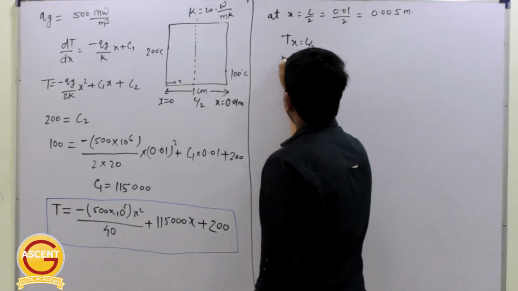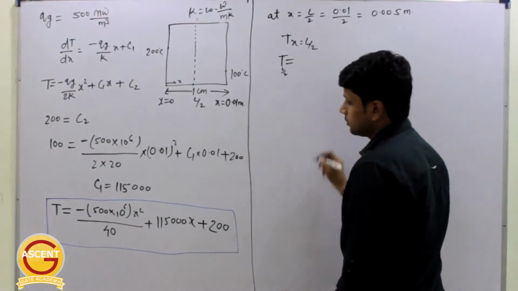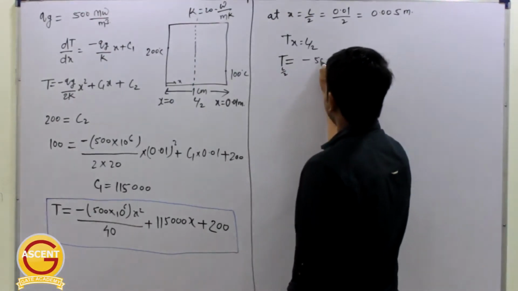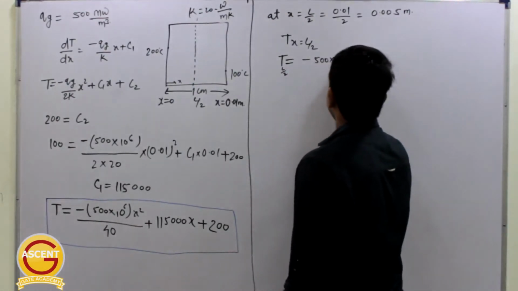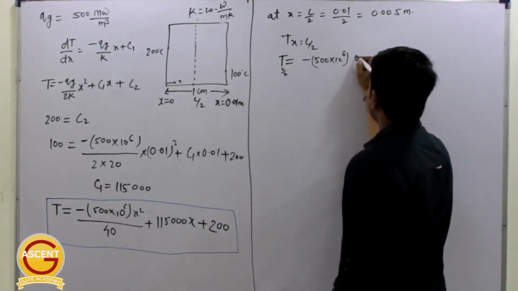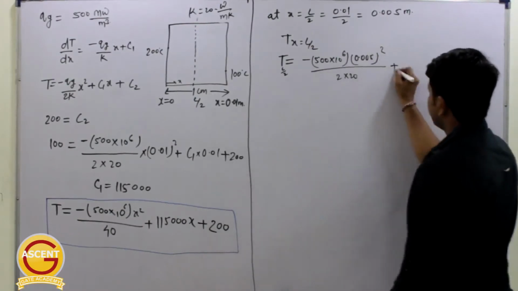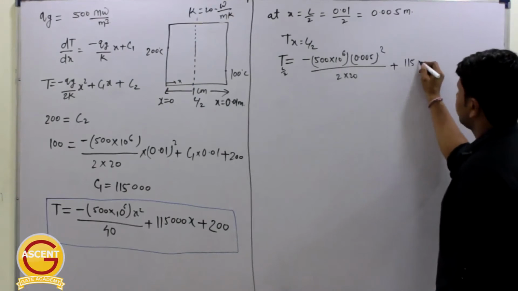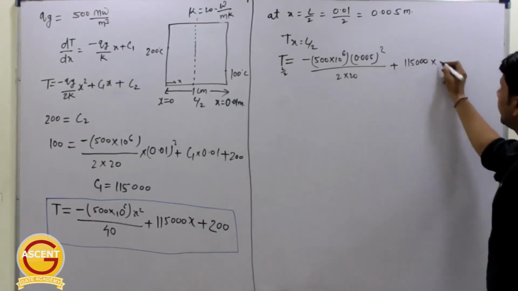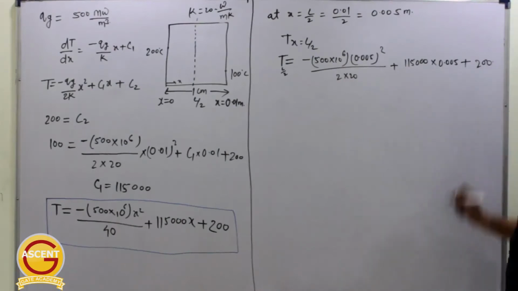T at L by 2 equals minus 500 into 10 power 6 multiplied by x square, so x will be 0.005 square, divided by 2 into 20, plus C1 value is 115,000 into x is 0.005, plus C2 value is 200.